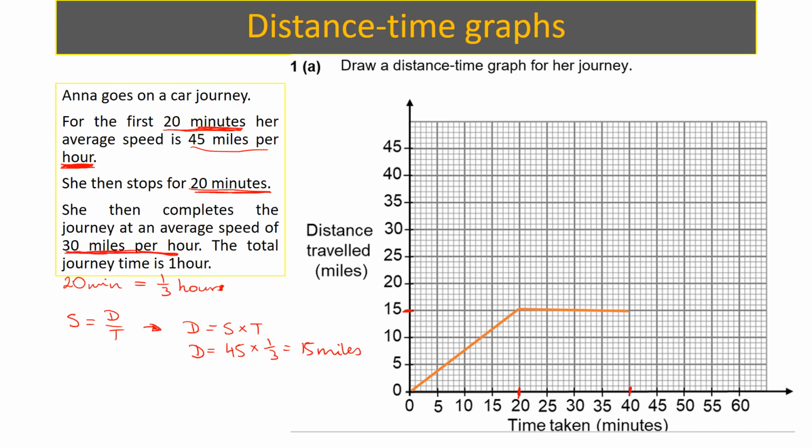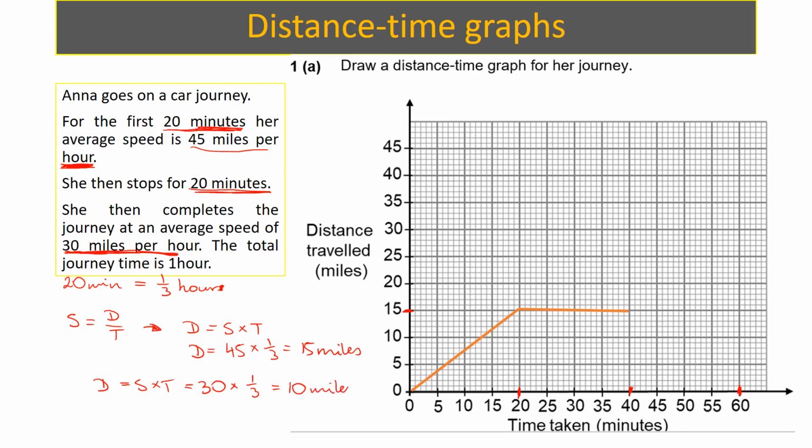And again, the time is 20 minutes because that's from 40 to 60, which is 20 minutes. So for the last part of the journey, speed times time. The speed is 30, it's given in the question, and the time is a third, because 20 minutes is equivalent to a third of an hour, so that is 10 miles.